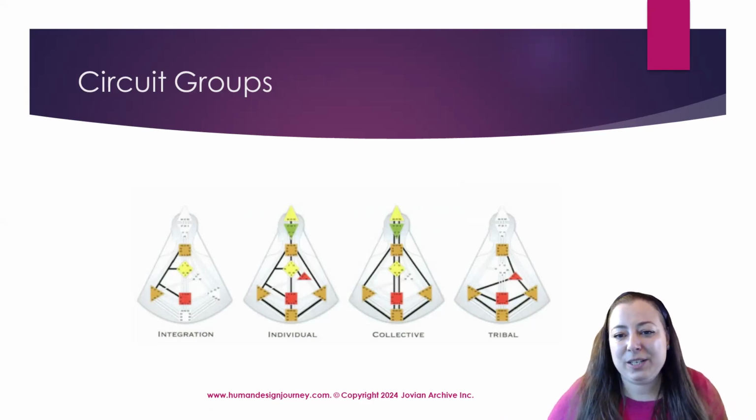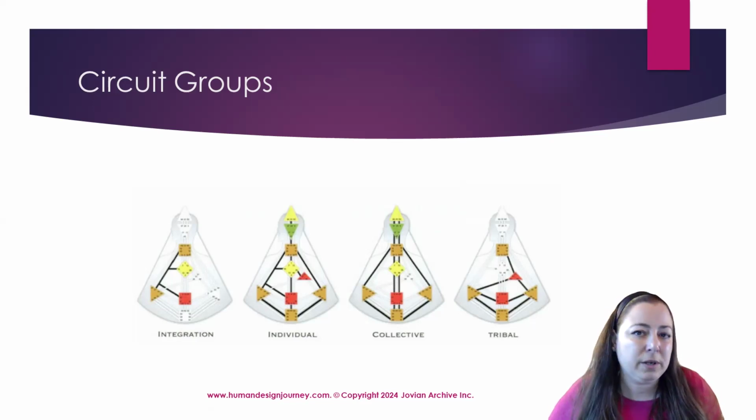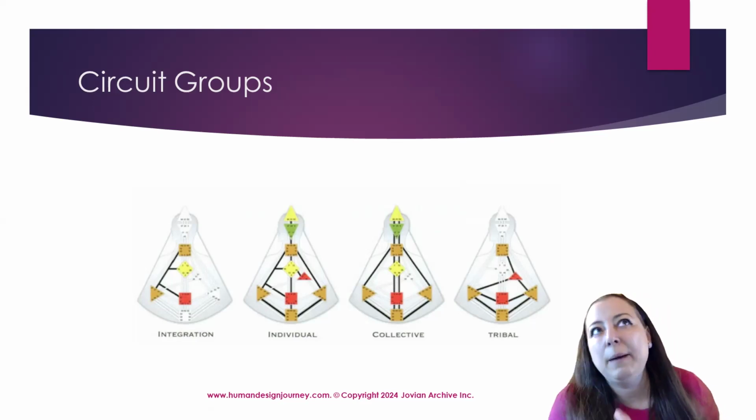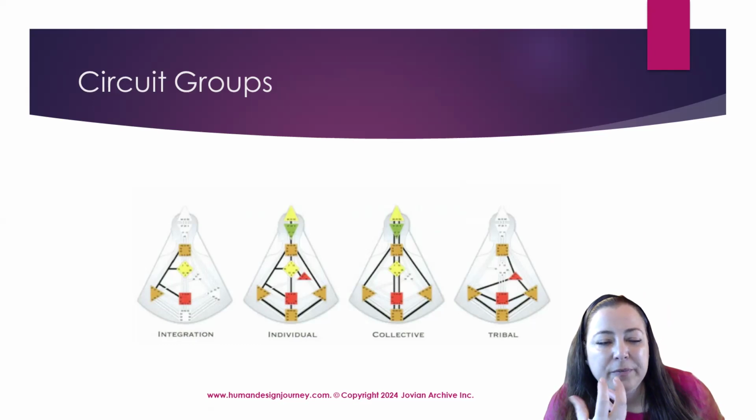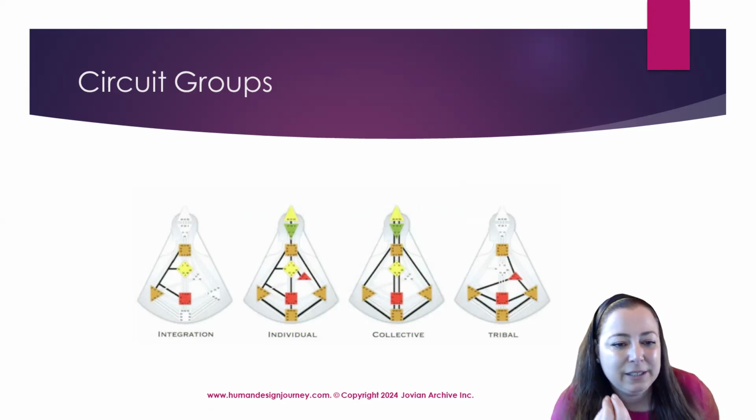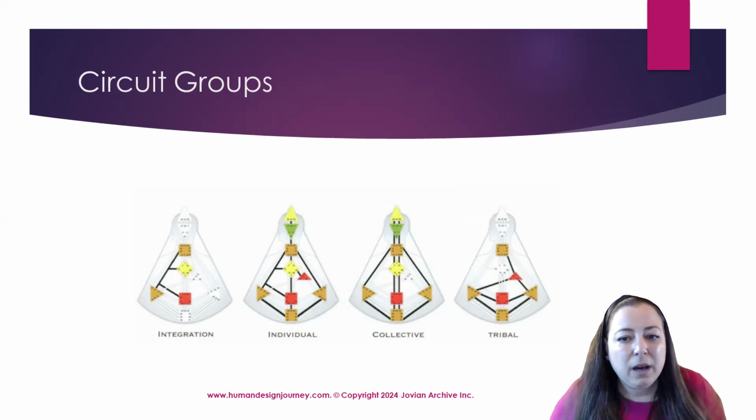So there are many layers, but here we can separate those channels into groups, and we call those groups circuit groups. And those groups map distinctively, differently, but yet interconnectedly with roots, different ways where energy flows between the different centers.